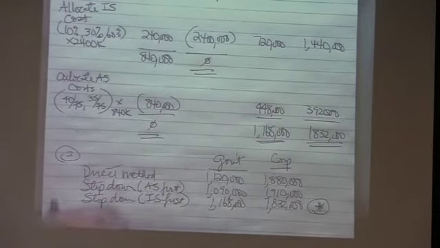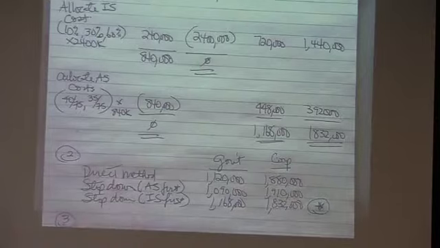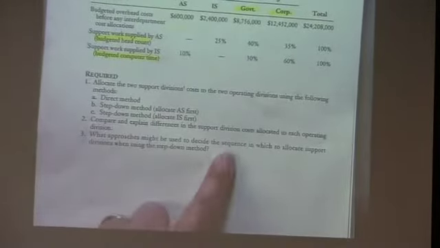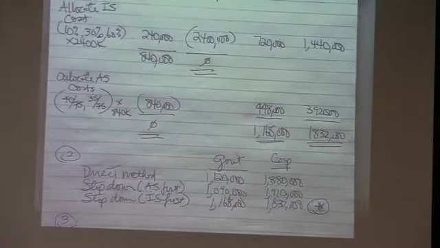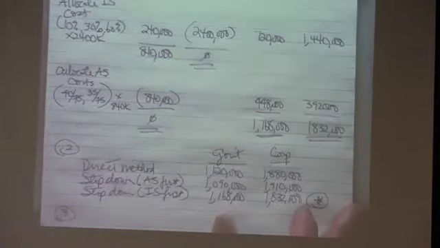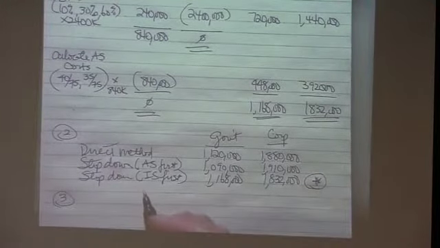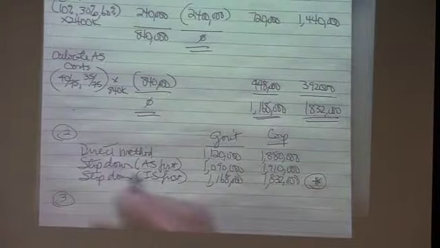Now, for part 3, what is it asking us to do? It says, what approach might be used to decide on a sequence? So in other words, what approach would we decide? Now, we've already kind of talked about the ranking, right? So there are 3 criteria that you could use.